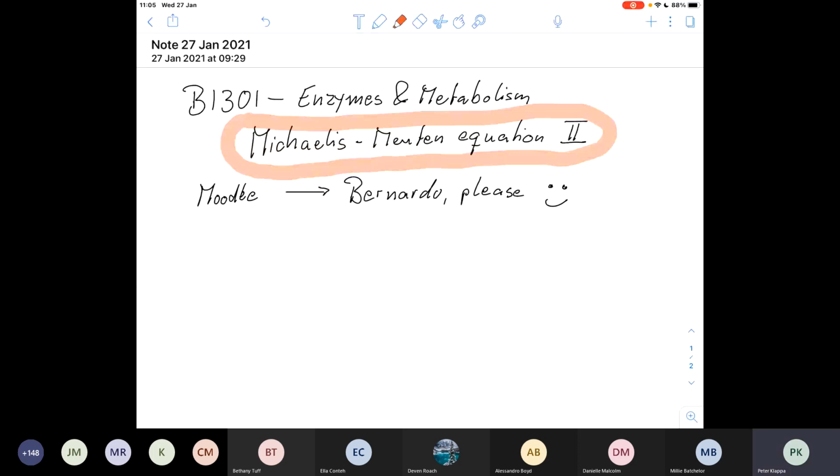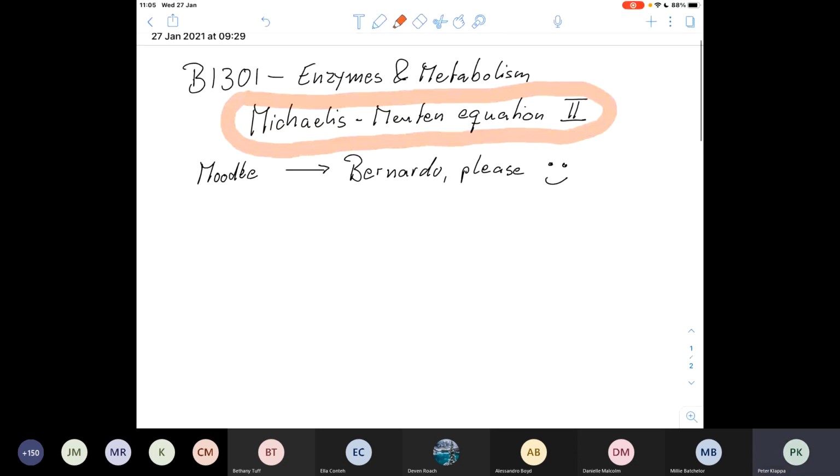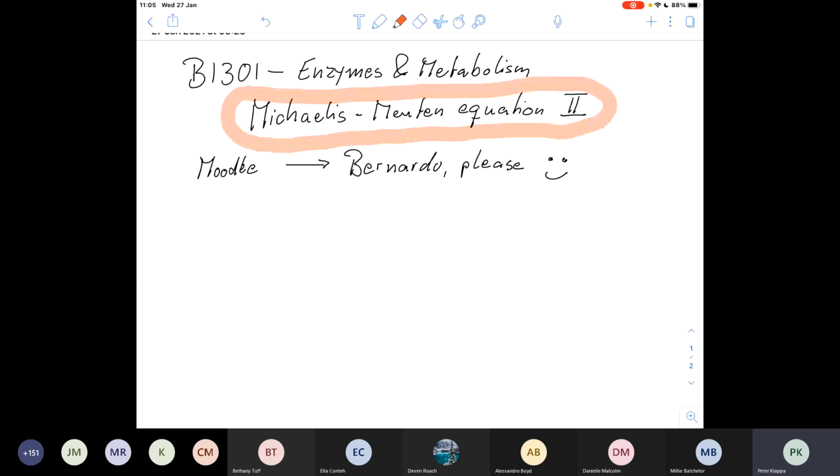A good point. Okay, so last week I showed you that there is one equation that every biochemist needs to know, this famous Michaelis Menten equation.